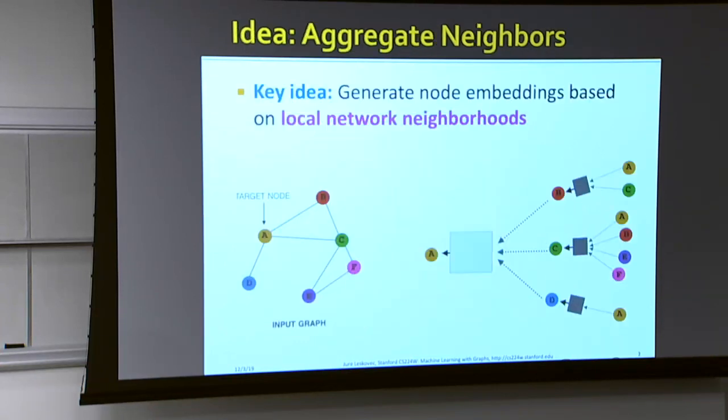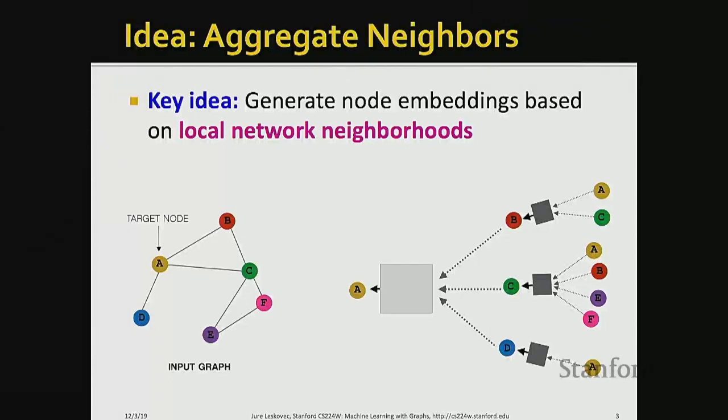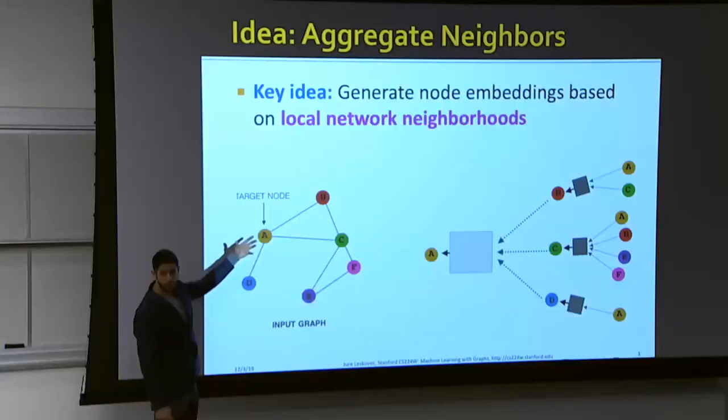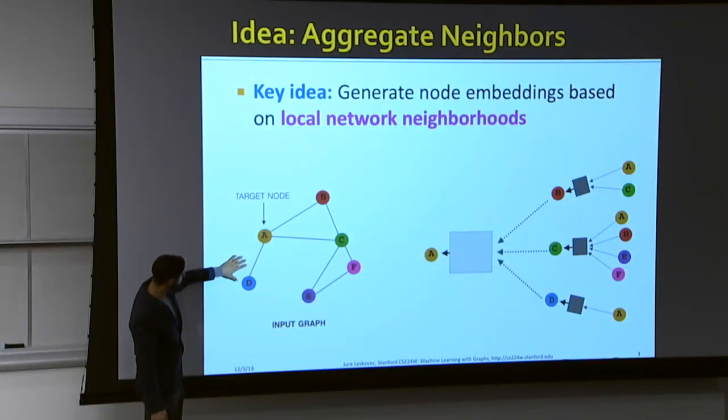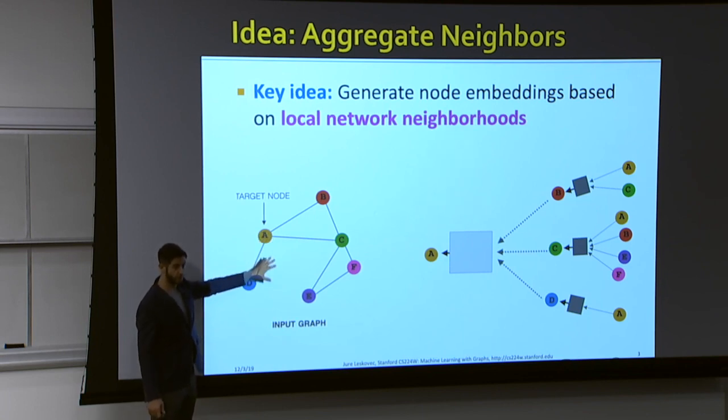How did we do this? So some of the key ideas is that we generate our node embeddings based on the local network neighborhoods. Okay? So say A is our target node, and ideally the kind of information that A has is not only its node features, but also the features of the nodes that are nearby it. Okay?